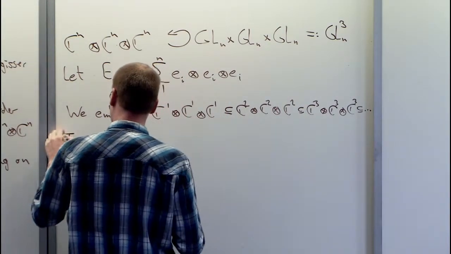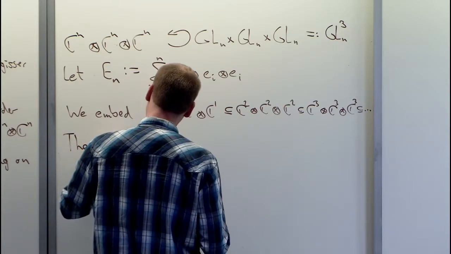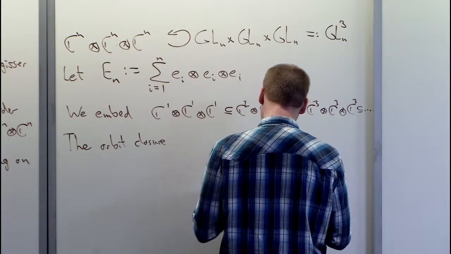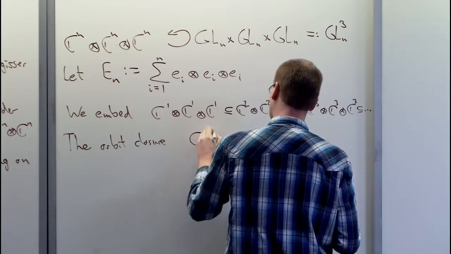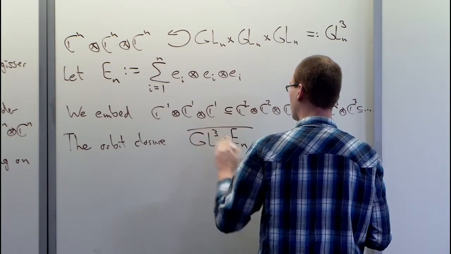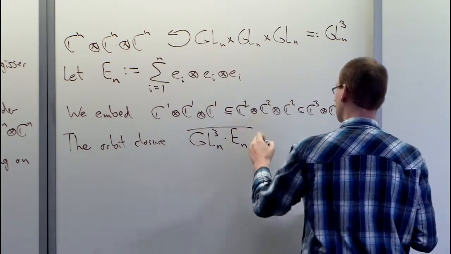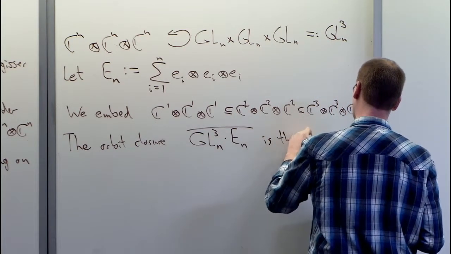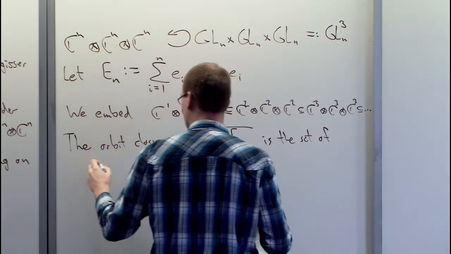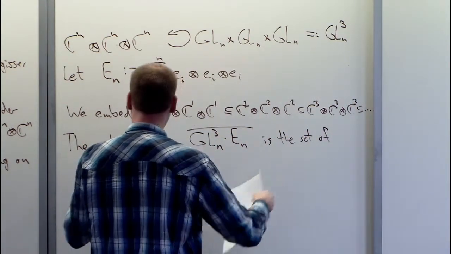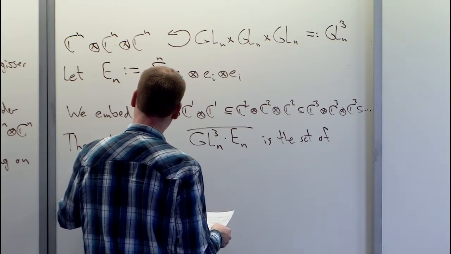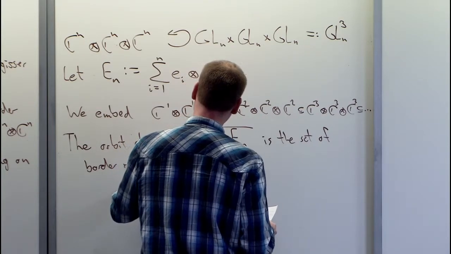And now the orbit closure. You take your group GL_n cubed and let it act on E_n, move it around. This is the set of border rank at most n tensors, up to some technicality.